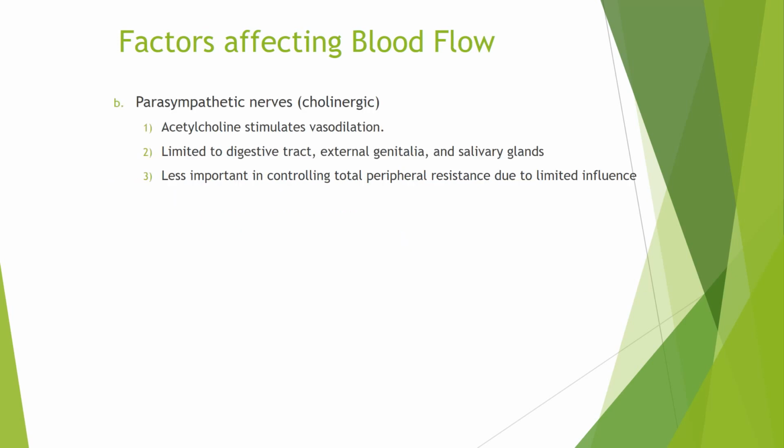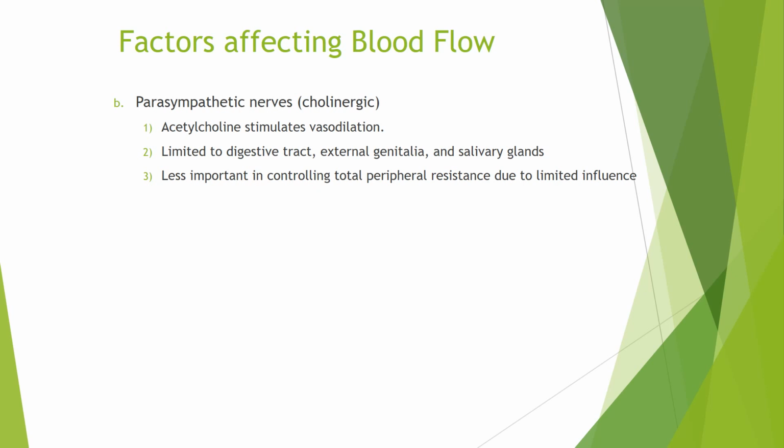So then parasympathetic nerves will have the opposite effect. As a reminder, these are cholinergic, so acetylcholine will bind to muscarinic acetylcholine receptors typically, okay? And so when acetylcholine binds to those muscarinic receptors, we'll have vasodilation.